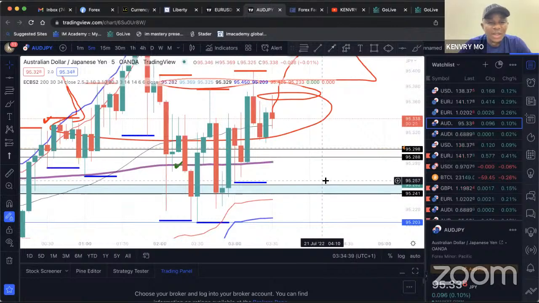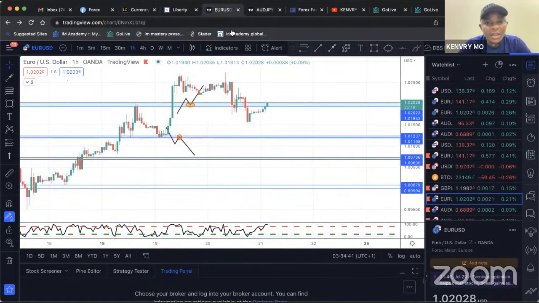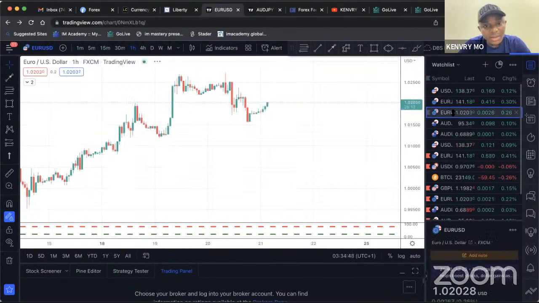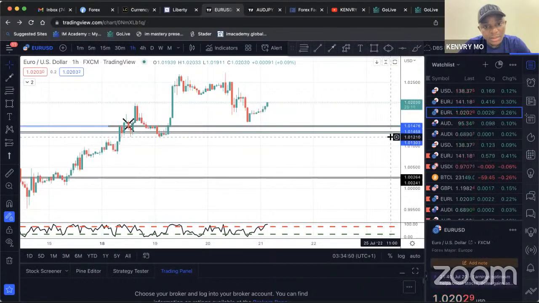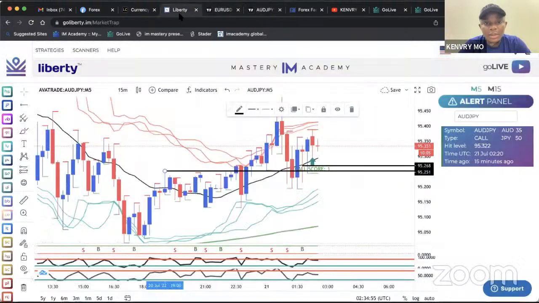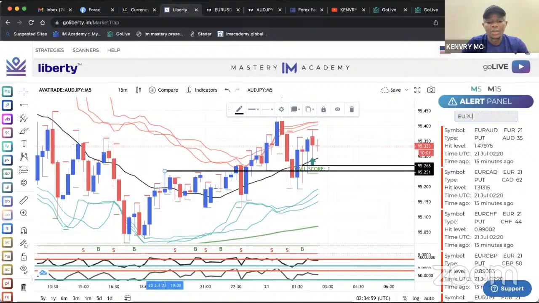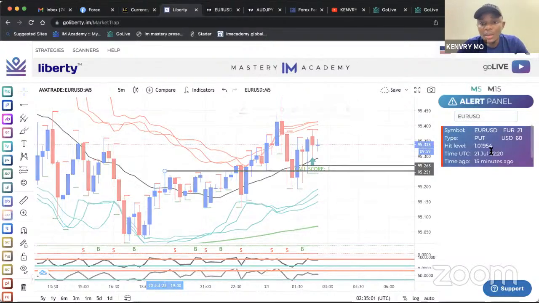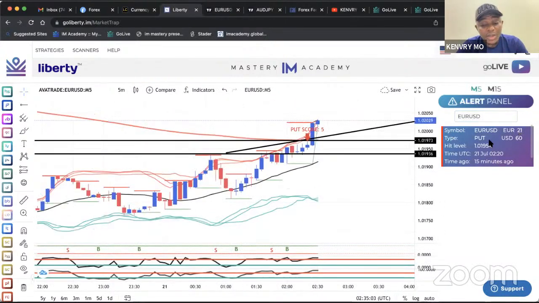For now this is just AUD USD, and Euro USD is breaking off right now, so give it time, like I shared with you guys. Nothing is changing in the price action yet.